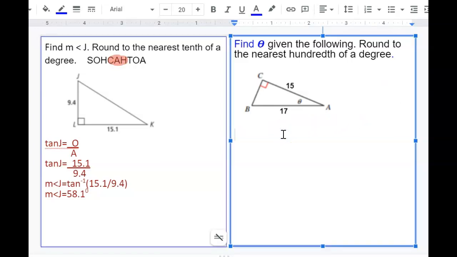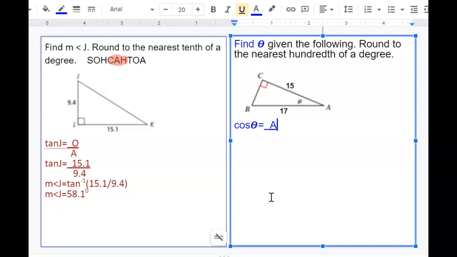Now we'll have cos theta. So cos theta, you can copy this theta up here, highlight, Control C to copy, and then you paste it down there, Control V to paste. So cos theta equals, by definition, adjacent over hypotenuse.